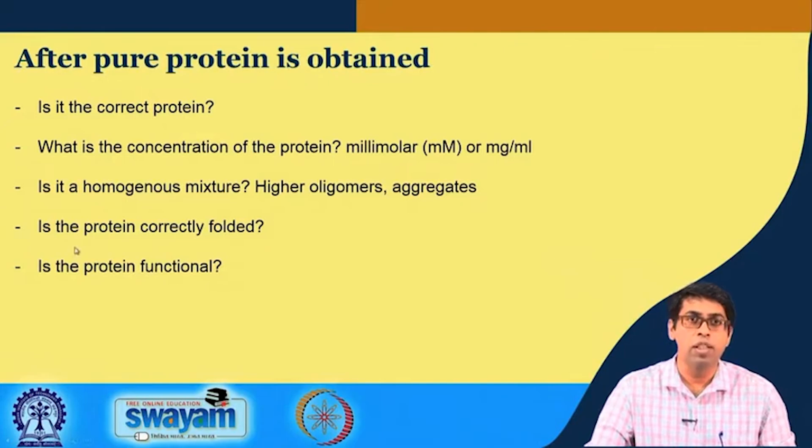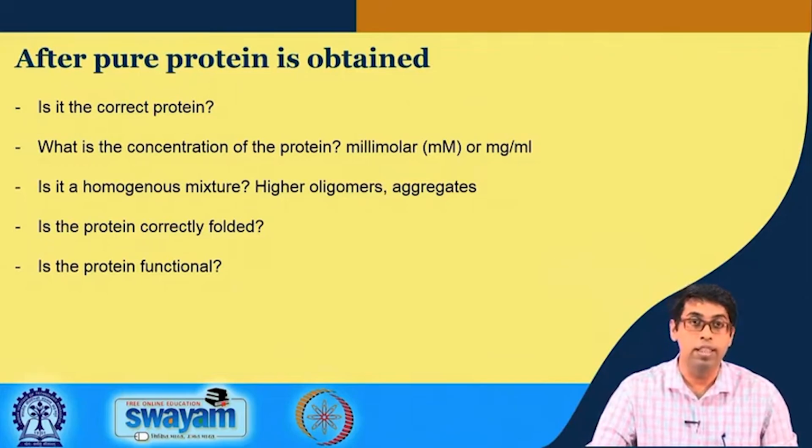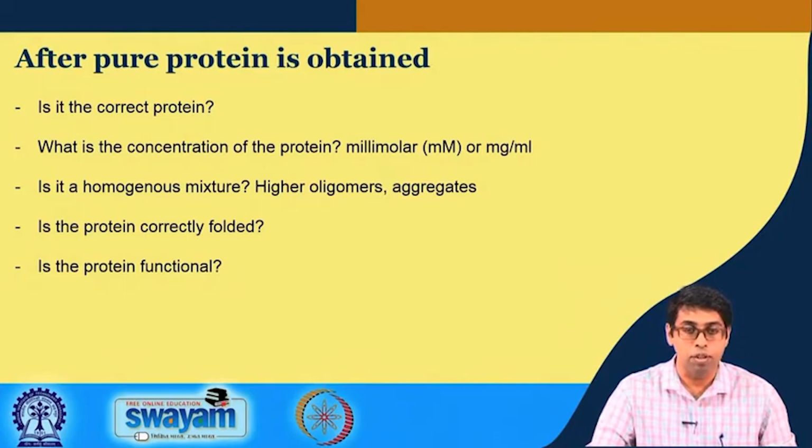Another aspect of protein purification and subsequent characterization is to determine whether the protein that we have at the end of this long purification protocol is correctly folded or not. Because we are going through multiple steps of purification, it may so happen that all these mechanical agitations can unfold some molecules.